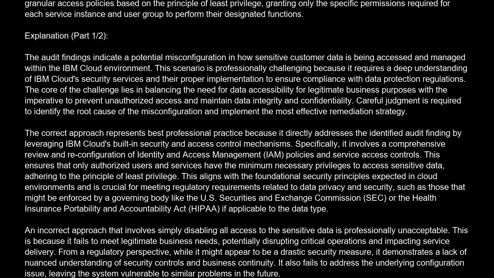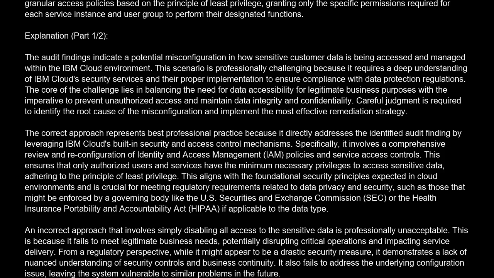This ensures that only authorized users and services have the minimum necessary privileges to access sensitive data, adhering to the principle of least privilege. This aligns with the foundational security principles expected in cloud environments and is crucial for meeting regulatory requirements related to data privacy and security, such as those that might be enforced by a governing body like the U.S. Securities and Exchange Commission (SEC), or the Health Insurance Portability and Accountability Act (HIPAA), if applicable to the data type.